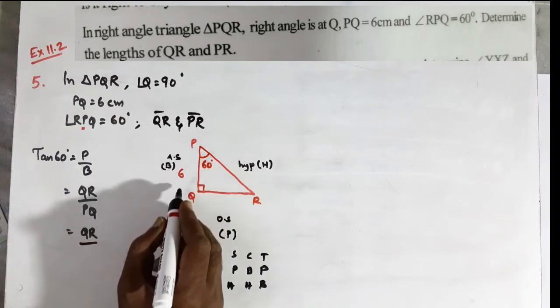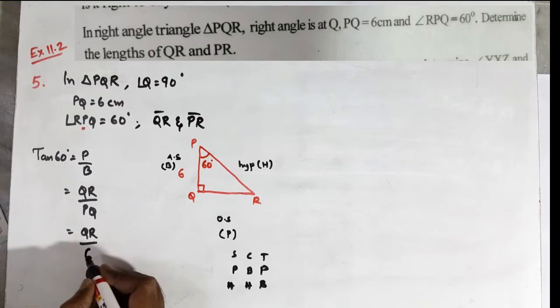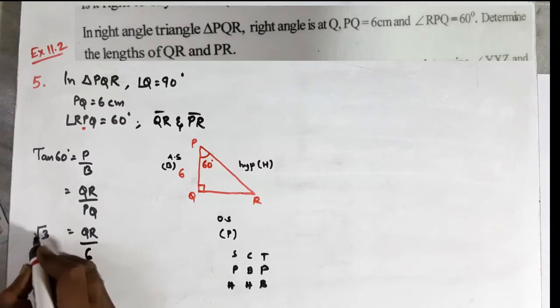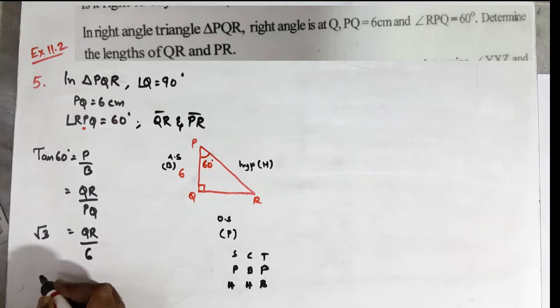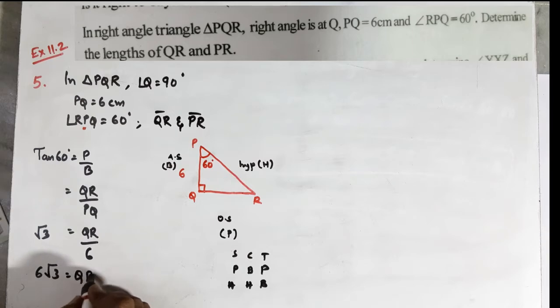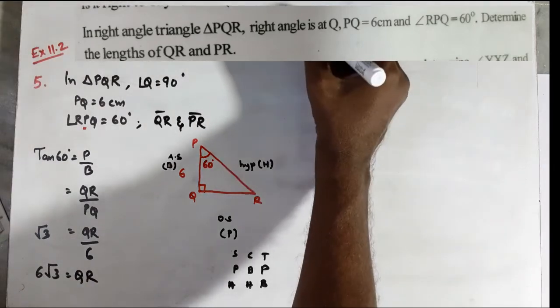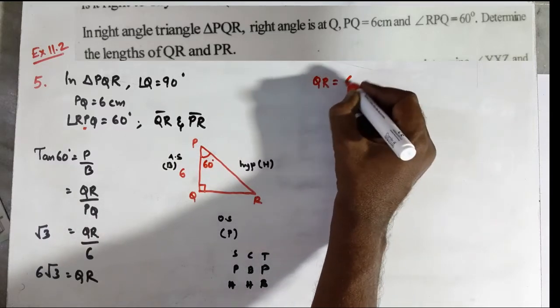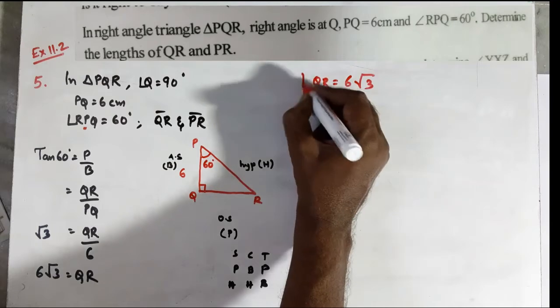PQ is equal to 6 centimeters. Now what is tan 60? Tan 60 is root 3. So cross multiply: 6 root 3 is equal to QR. So the value of QR is 6 root 3. So we got one length.